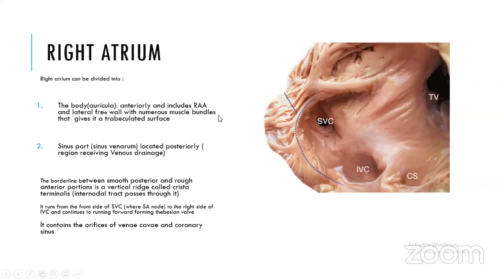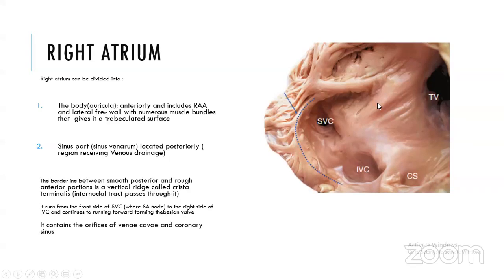So the right atrium can be divided into the body, which is the auricula. It is a rough surface and includes the right atrial appendage and the lateral free wall of the muscle bundles that give it the tuberculation.